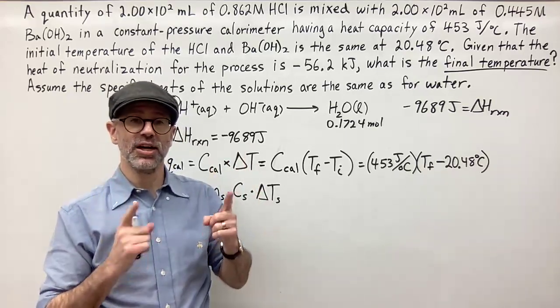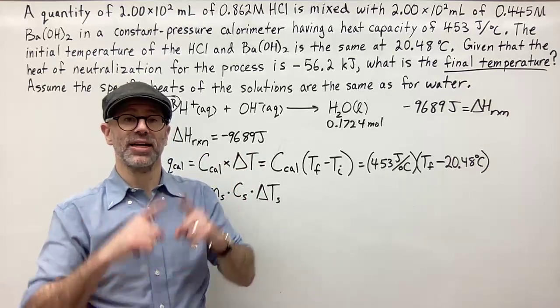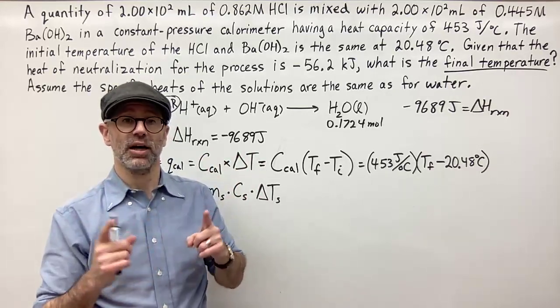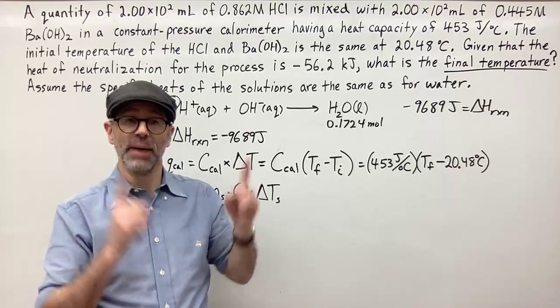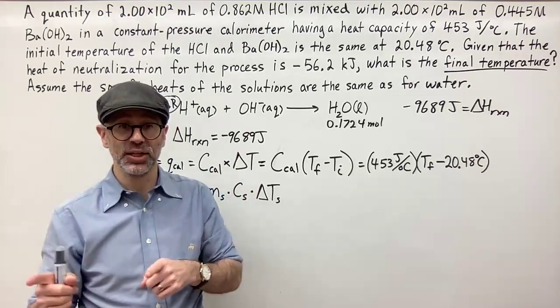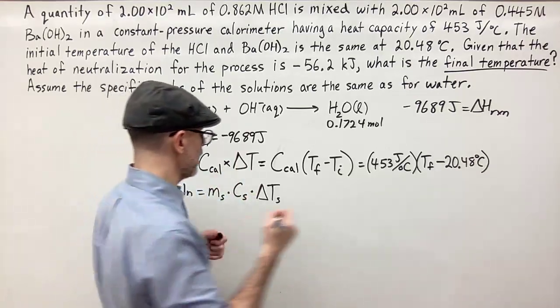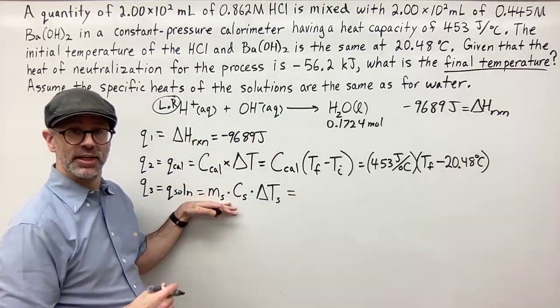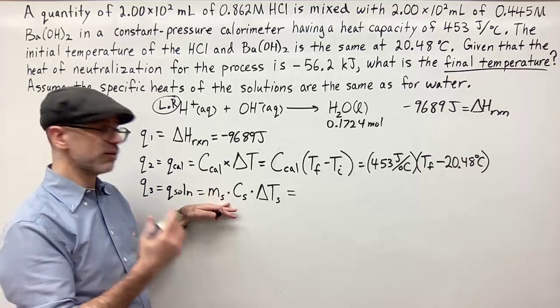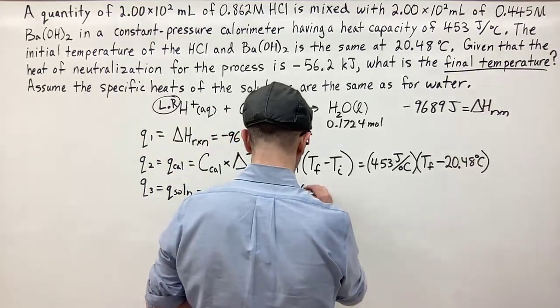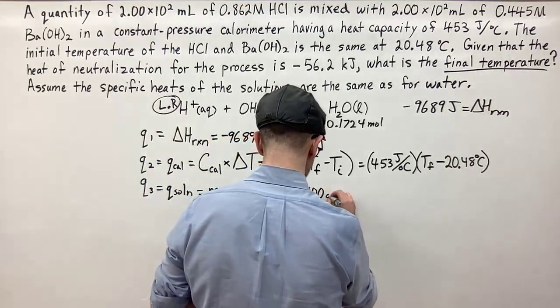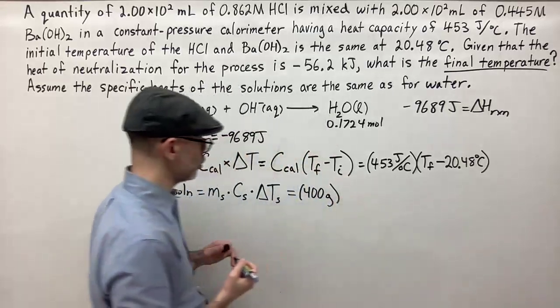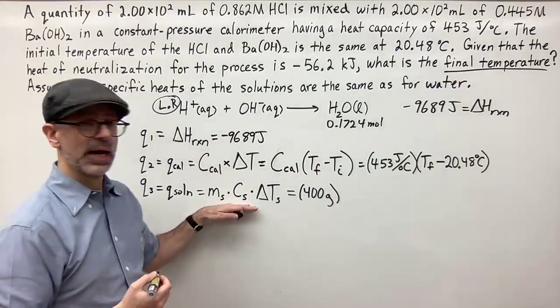So the mass of the solution is the same as the milliliters of the solution, the volume of the solution. So then the mass here is going to be 400 grams. It's 400 milliliters, therefore 400 grams. So we're going to have 400 grams for the solution. That's going to be multiplied by the specific heat.